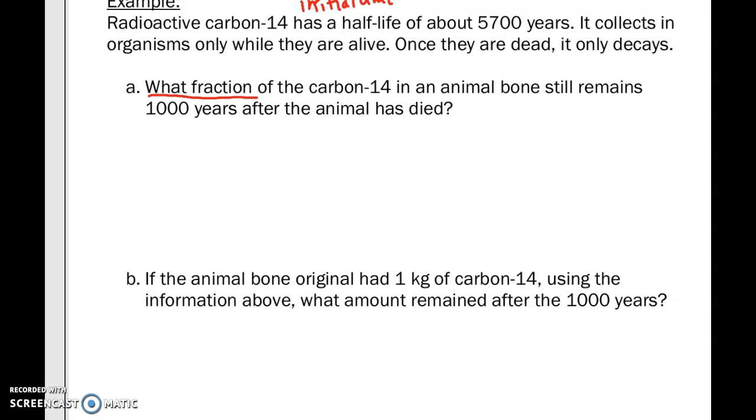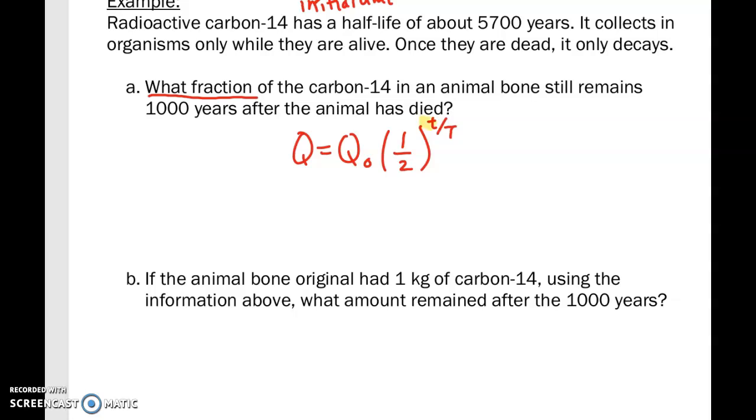So you're looking for this portion of the formula, either 0.5 or 1/2 raised to that power. Let me highlight it. They don't give us the initial amount. It's just asking by what fraction or factor we would have to multiply.